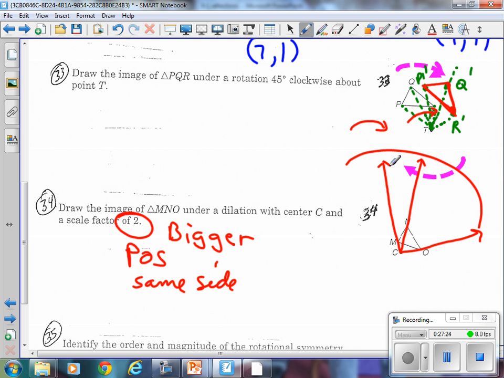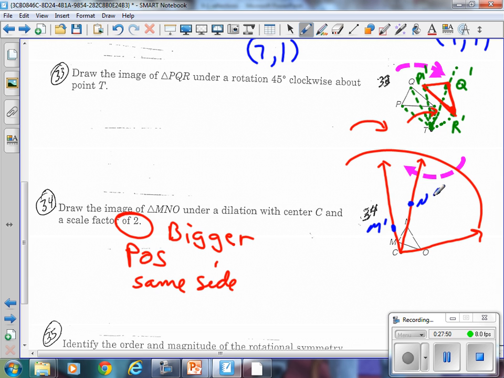And then you sort of measure. Change my pen color again. Back to blue. Measure, we want 2 times, so we measure out twice. And our M prime is going to be somewhere right there. N prime will be somewhere about in there.